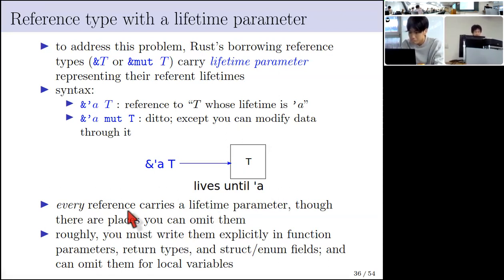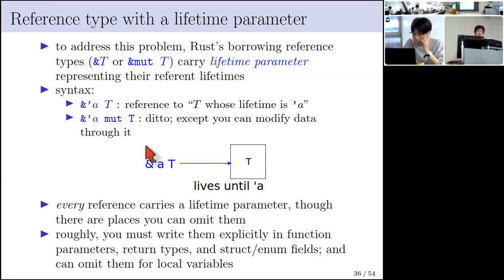So every reference carries a lifetime parameter, even if they do not appear in the program surface. Actually, these lifetime parameters can be omitted in some cases. In those cases, you can just write ref T without this tick a.